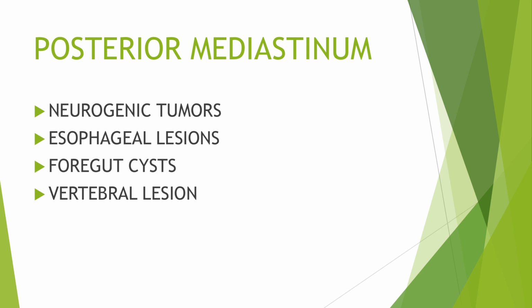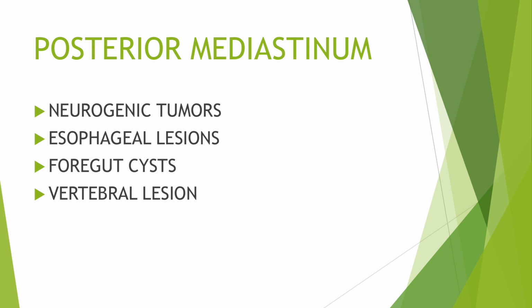Please be reminded, as I told you in the earlier lecture, that you only have to know your anatomy, know the contents of the different parts of the mediastinum, and you will be able to know what tumors can be found in those locations.